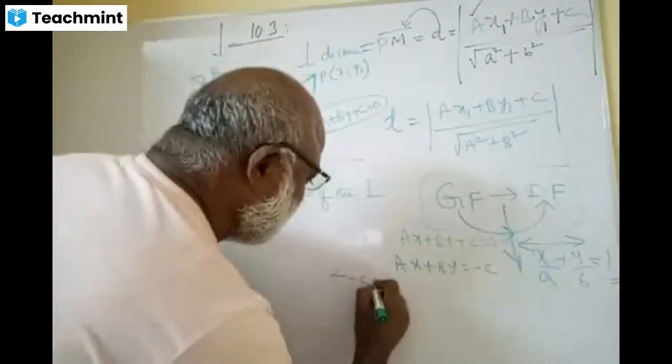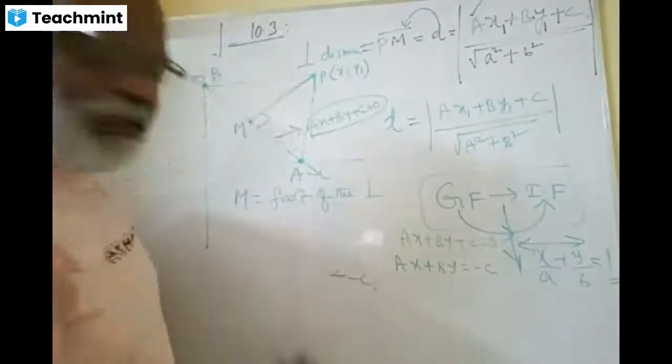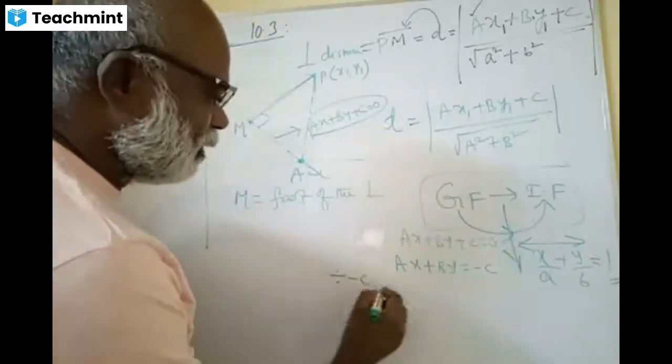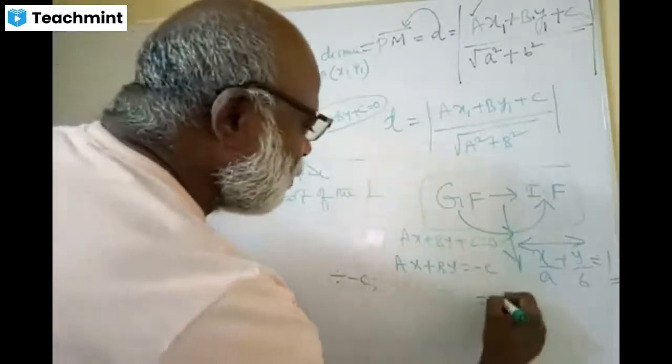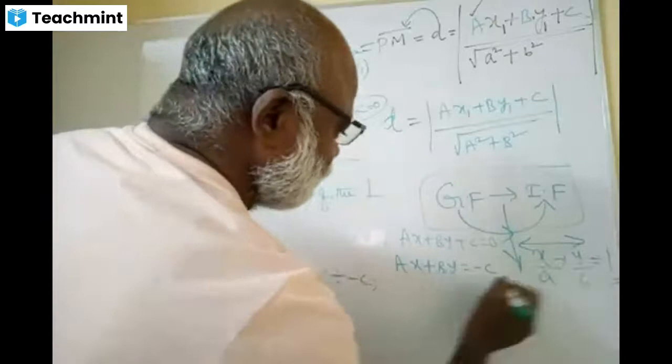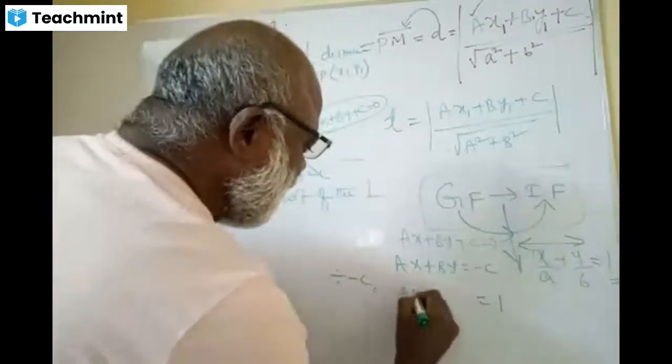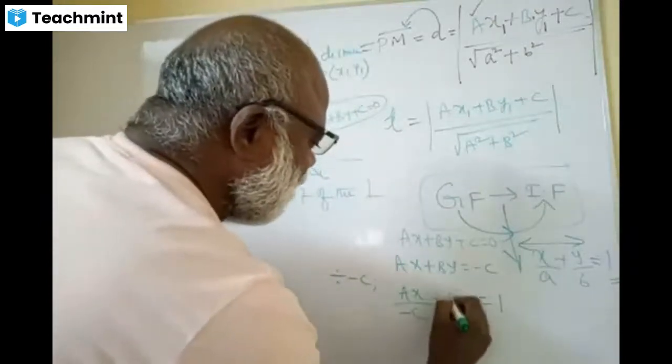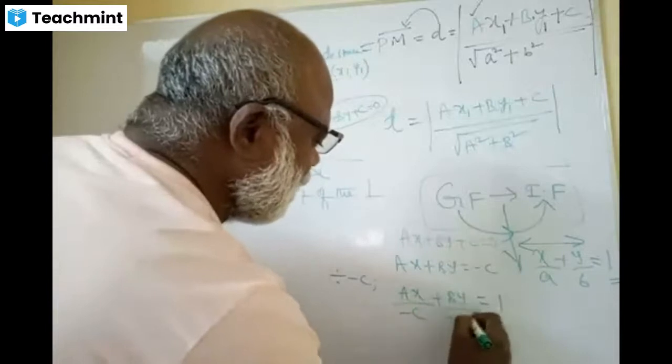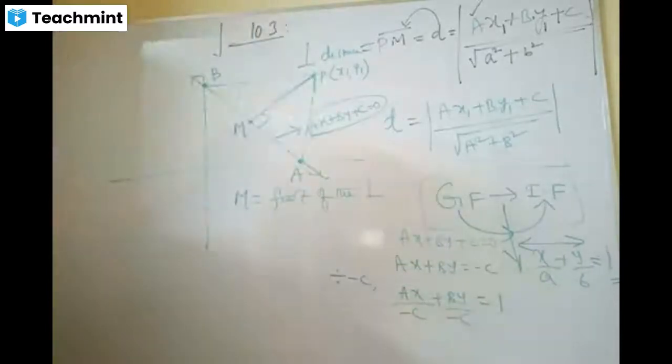This is called modeling, okay? Divide with minus c. Divide with minus c. So if you divide with minus c, you get ax by minus c plus by by minus c. Do you agree?